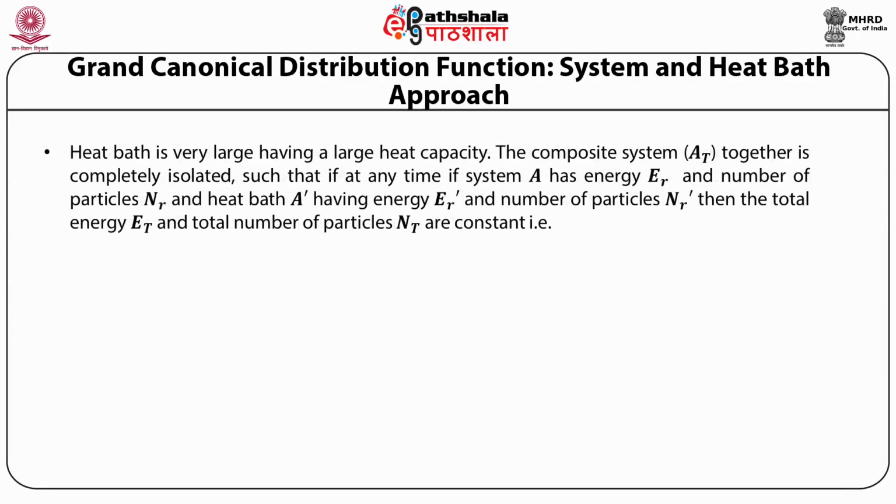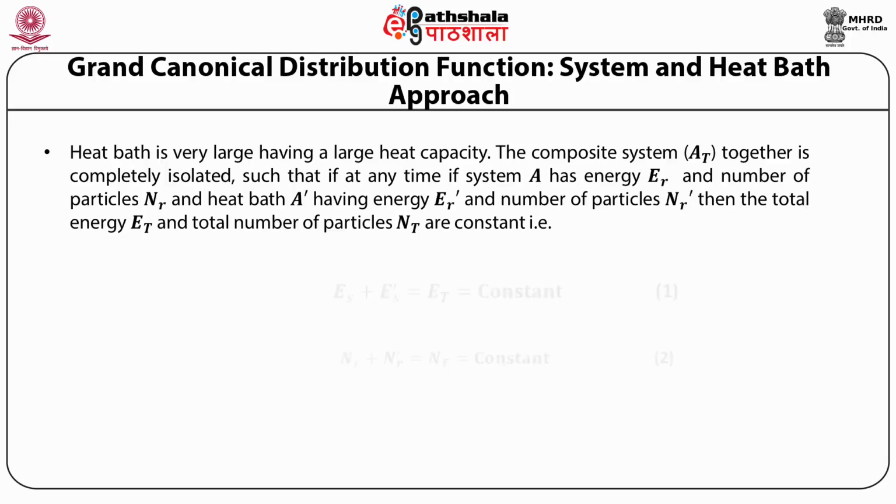The heat bath is very large, having a large heat capacity. The composite system A_T together is completely isolated, such that if at any instant of time system A has energy E_s and number of particles N_r, and heat bath A' having energy E_s' and number of particles N_r', then the total energy E_t and total number of particles N_t are constant.